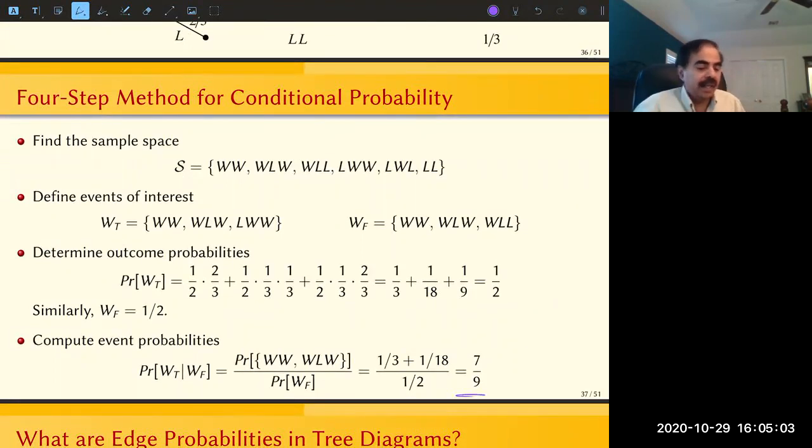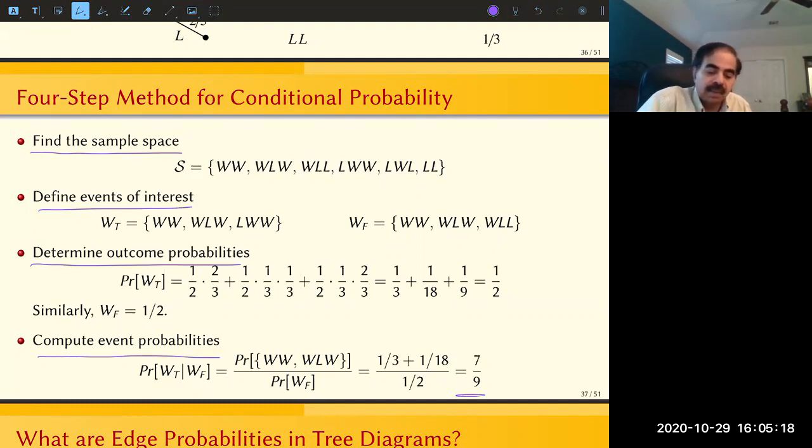So we can again work through our 4-step method, which involves finding the sample space, defining the events of interest, finding the probabilities for all of the events, and then using the conditional probability formula to calculate the probability, and that says 7 by 9. So the moment some team wins the first game, there is a much better chance of winning the whole series.